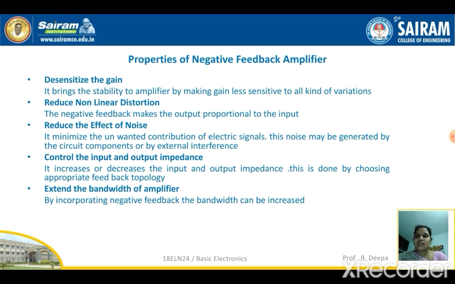It also controls the input and output impedance, which can be done by choosing the appropriate network topology. And it extends the bandwidth of the amplifier. That is, by making use of negative feedback, the bandwidth can be increased. These are the various properties which help the negative feedback amplifier to be used in amplifier circuits.